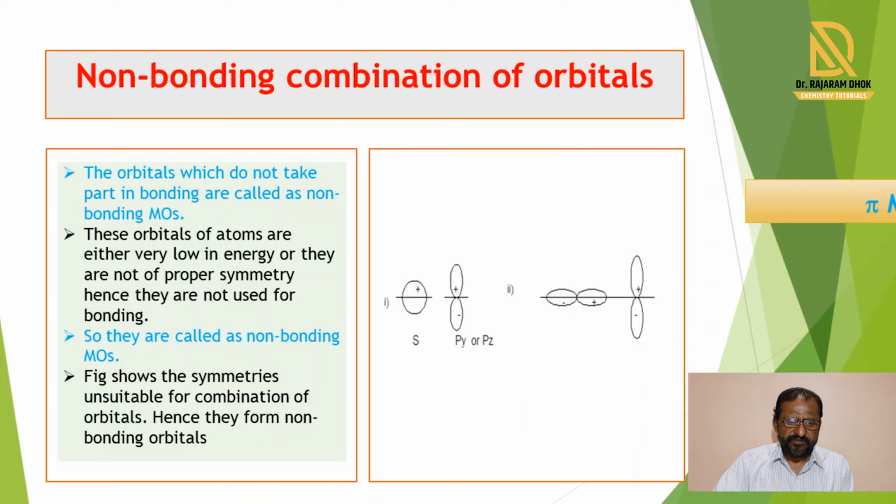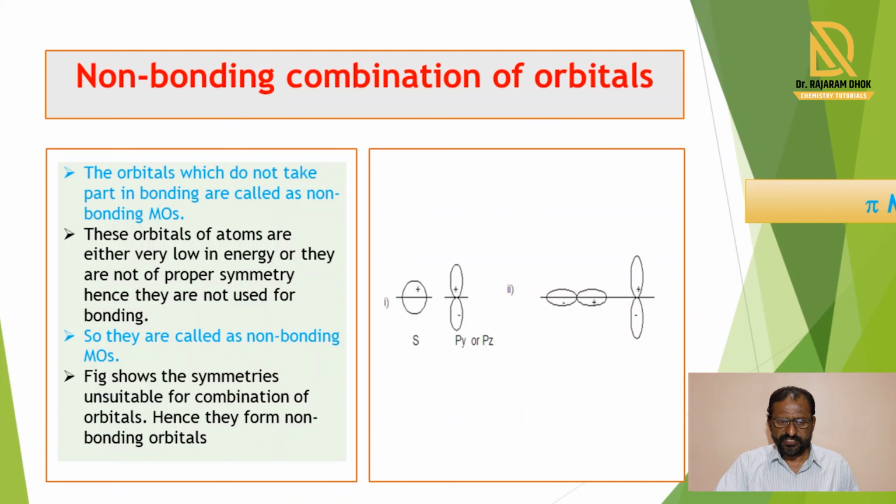At that time, bonding and anti-bonding are not formed. That is called a non-bonding molecular orbital. In a non-bonding molecular orbital, the symmetry is not proper and the orbitals are also not in the same geometry. Such a molecular orbital is called a non-bonding molecular orbital.